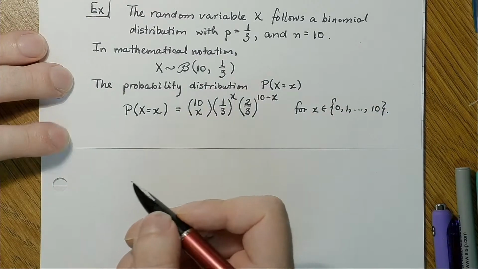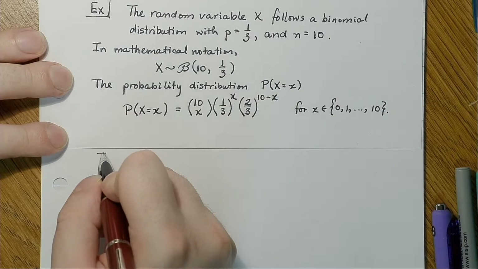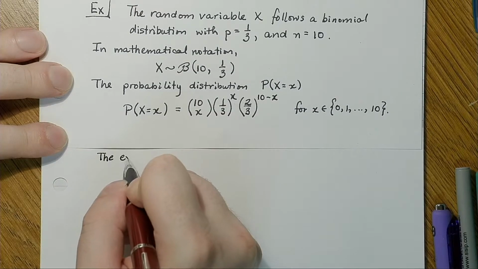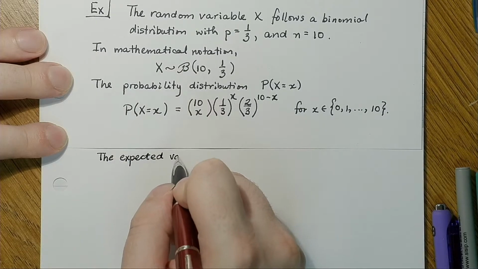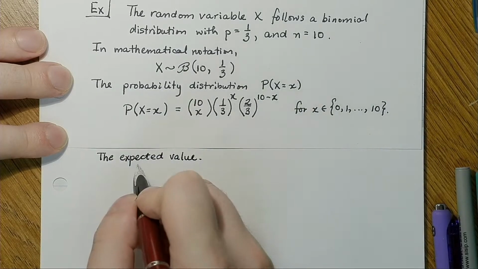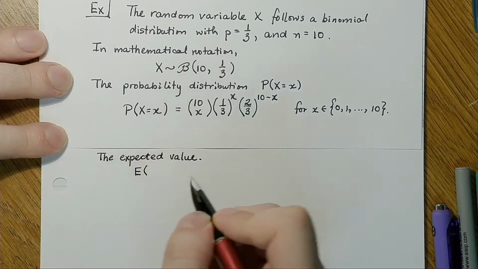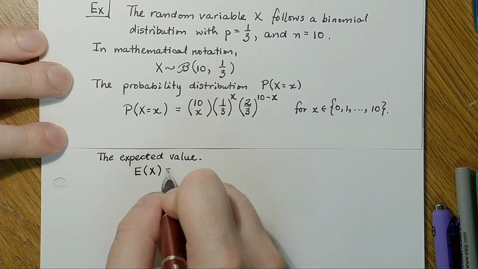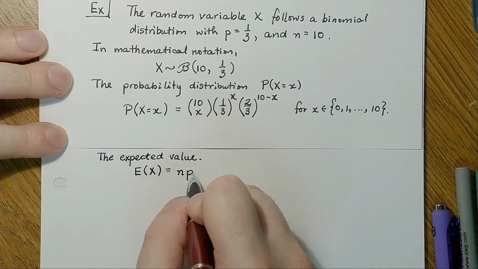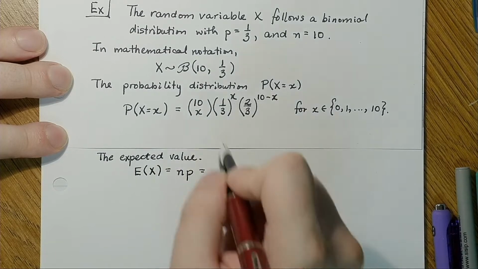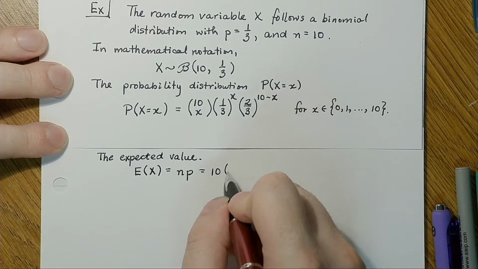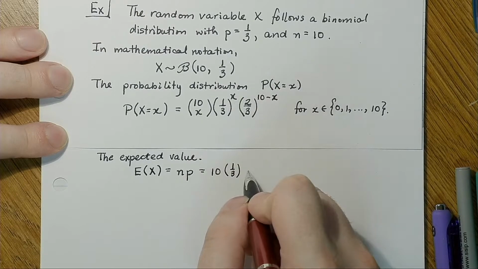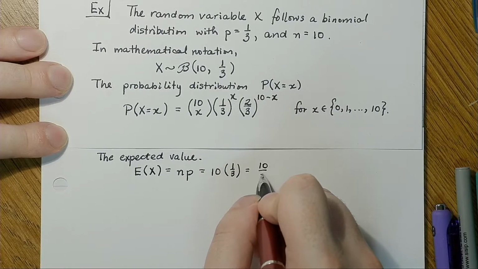The other thing that we can do is the expected value of this random variable x. That's np, and we know that there's 10 trials and a 1/3 probability of success, so that's 10/3.